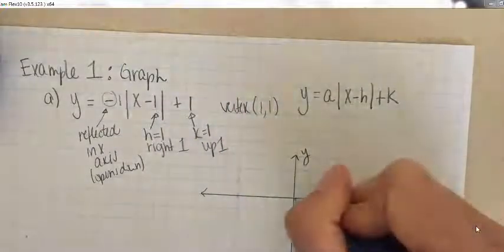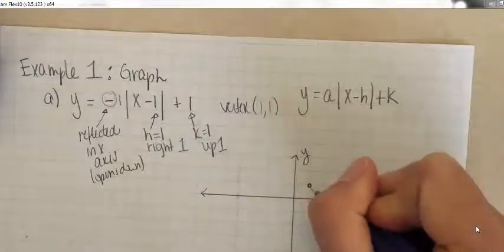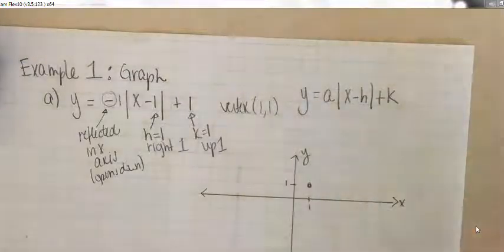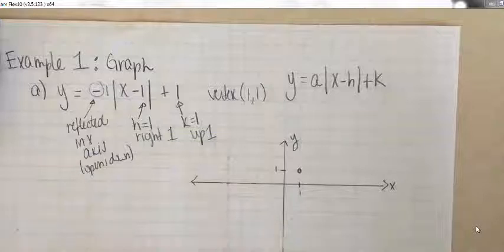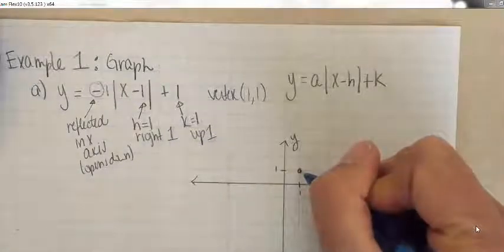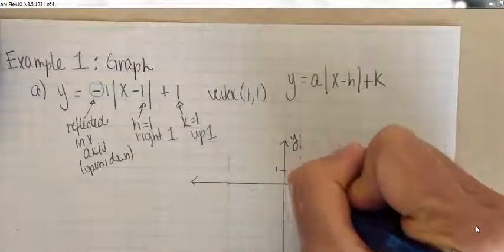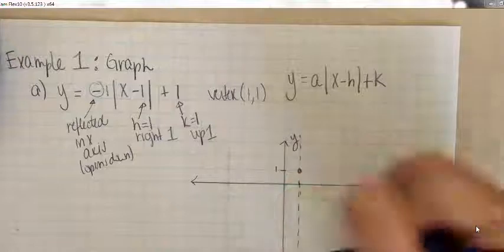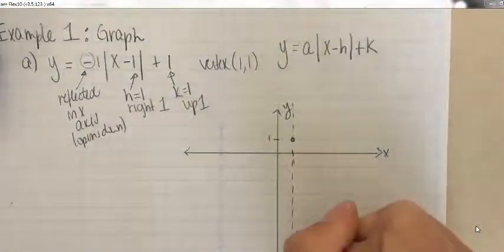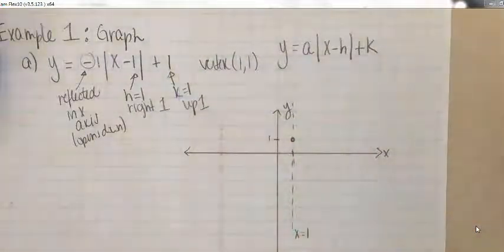Okay, so my vertex is going to be at 1, 1. That's my highest point because that's my vertex. I'm going to have an axis of symmetry at x equals h, or my axis of symmetry is going to be at x equals 1.